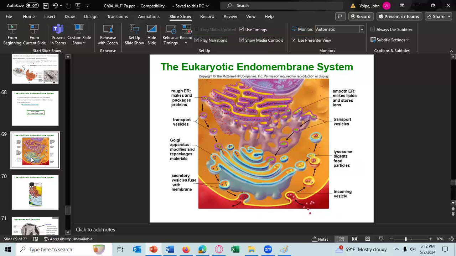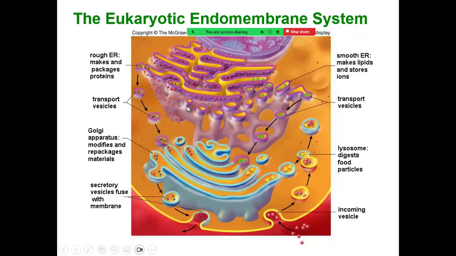It is true that proteins can be made in the cytoplasm as well as in the nucleus, but many proteins are made in the rough ER. It's called rough ER because the endoplasmic reticulum looks rough, since there are ribosomes attached to it.